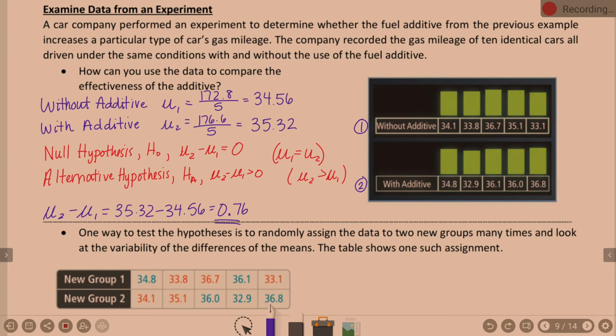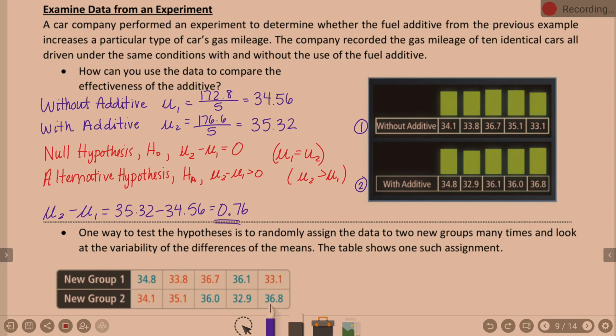Now, what does that indicate to you? The additive might be doing a little, but not necessarily much, right? That's kind of a borderline situation. So is this 0.76 difference due to the additive, or is it just random variation?